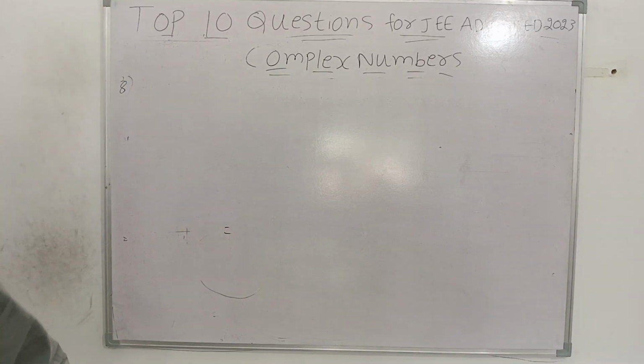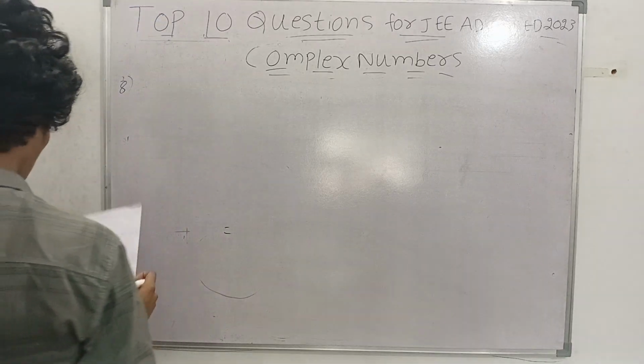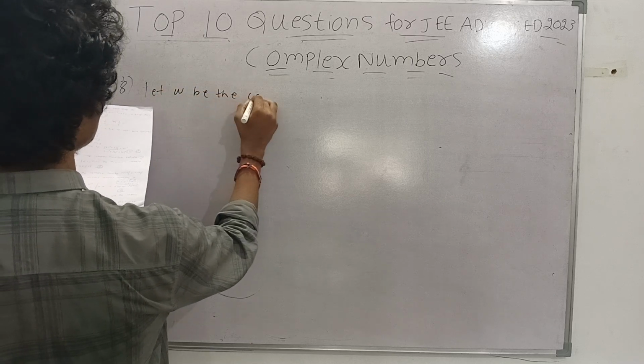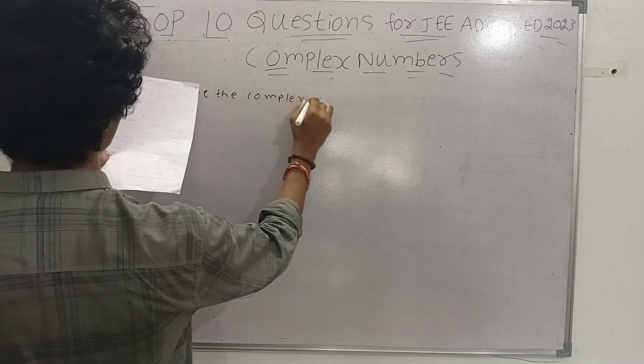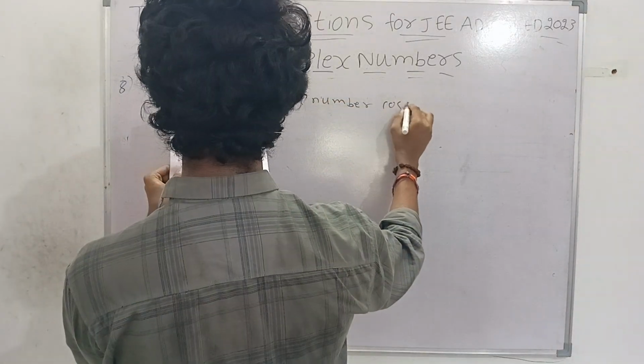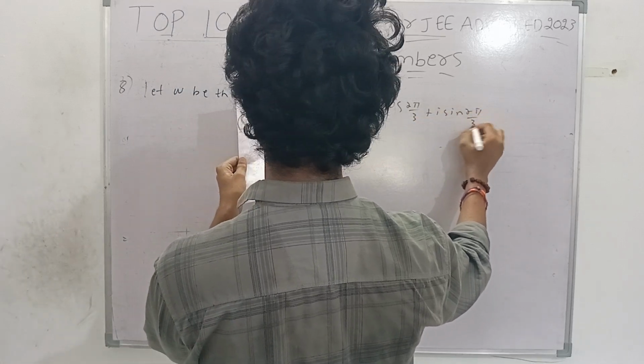Now 8th question. Let omega be the complex number cos 2 pi by 3 plus i sin 2 pi by 3.